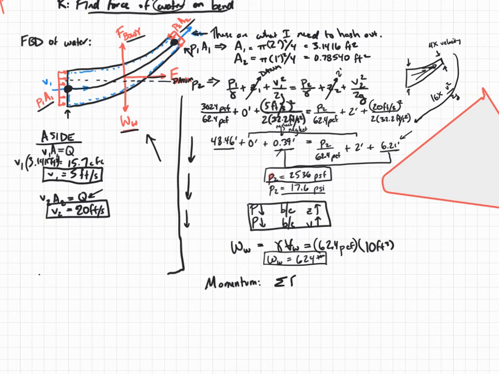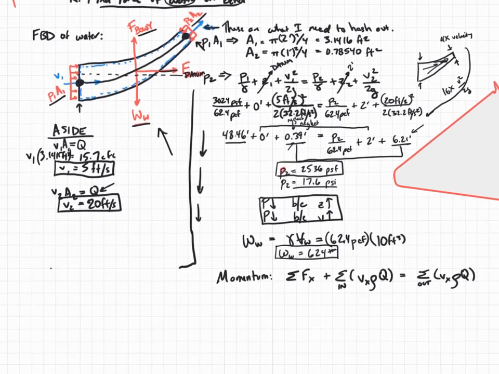Okay, sum of the forces in the x plus the sum in of Vx rho Q equals the sum out of Vx rho Q. Let's note that there is an x version of this, and there's a y version.